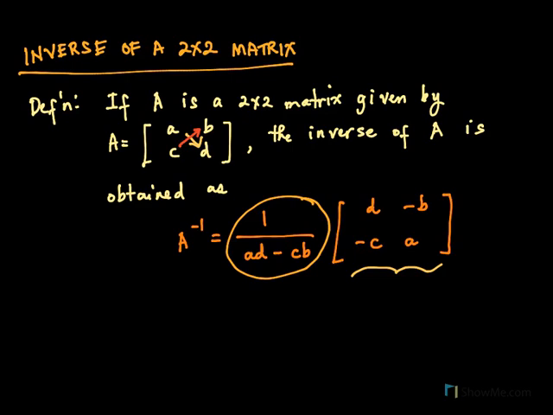So what we will do is we will just multiply this matrix here with this scalar, the 1 over AD minus CB, para makuha natin yung ating inverse of A.